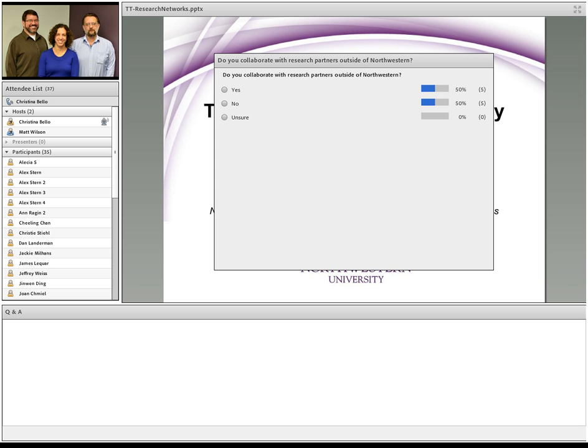I'll give you all a moment to answer that question. It's pretty likely, I would assume, that for most researchers this is somewhat common, but we just want to get a sense of how popular this is as a mode in your research. One more moment to answer that question.